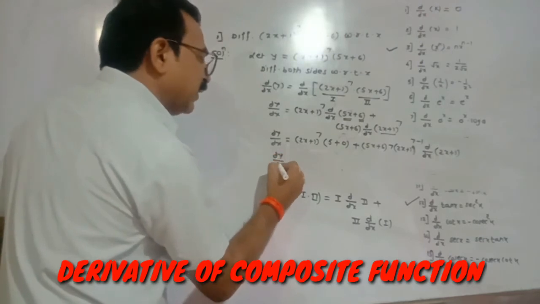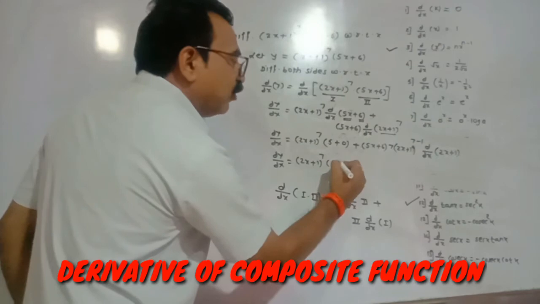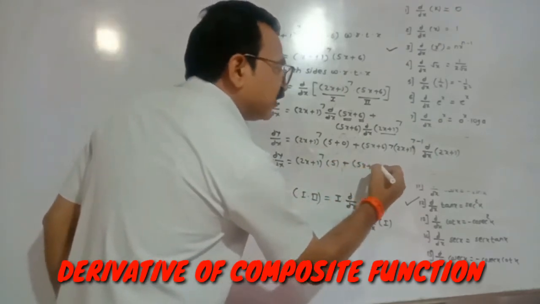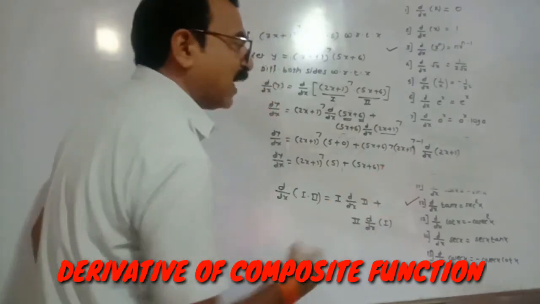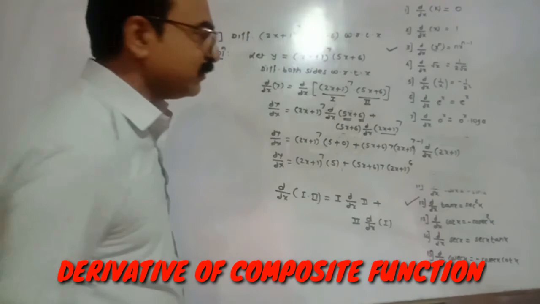So dy by dx is equal to (2x + 1) raised to power 7, times 5 plus 0, which means 5, plus (5x + 6) as it is, multiplied by 7 as it is, (2x + 1) raised to power 7 minus 1, which means 6.